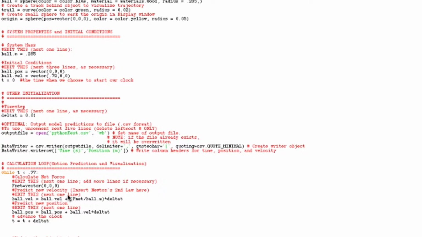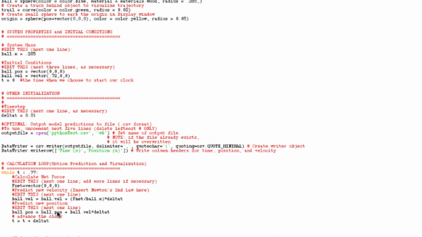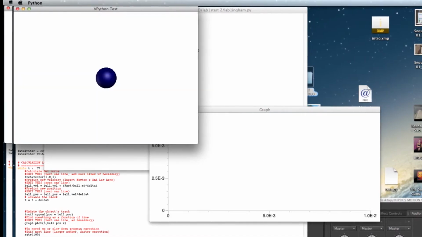We can use Python to do the calculations for us. So by using the momentum principle, Newton's second law, we can rearrange this equation to predict the new ball's position. So the new ball's position is the ball's position plus the ball's velocity times the change in time. We ran the experiment, and that's what we got.